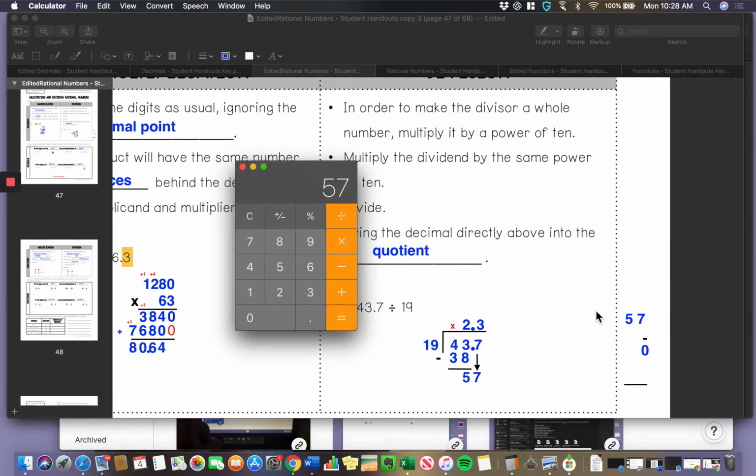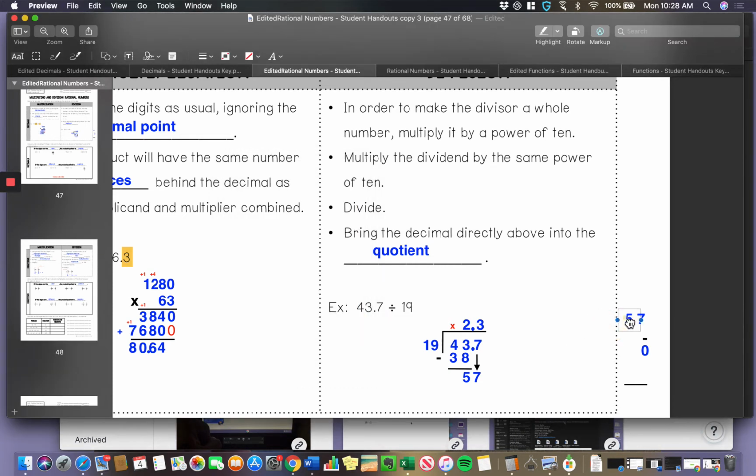And I get an even number. I got 57 again. So basically that means I'm not going to have a remainder, which is great. Because now that I'm going to subtract, I'm going to get my answer of 0. And I am done. My answer here is 2.3.